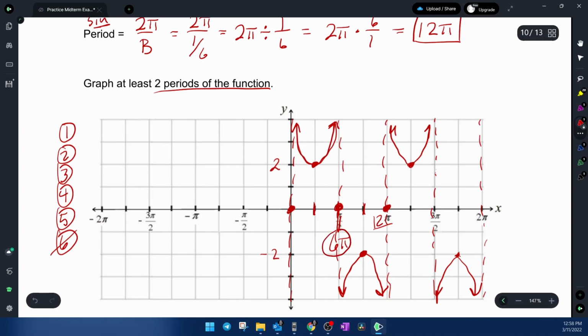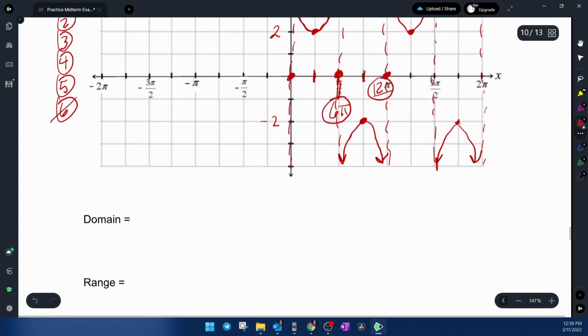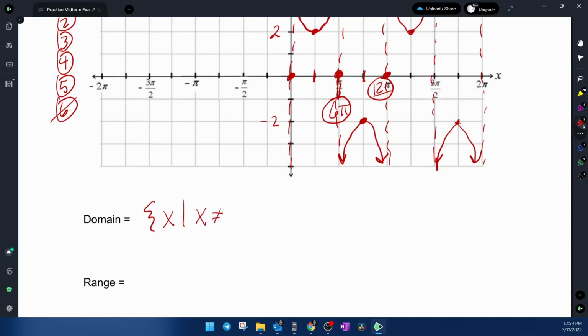And with these asymptotes labeled, that's going to help me answer the domain question. Notice that the domain is not all real numbers, because everywhere there's an asymptote, that is an x value that must be eliminated. So in set notation, we're going to say the domain is the set of all x such that x cannot be, and then we're going to have to figure out how to calculate that.